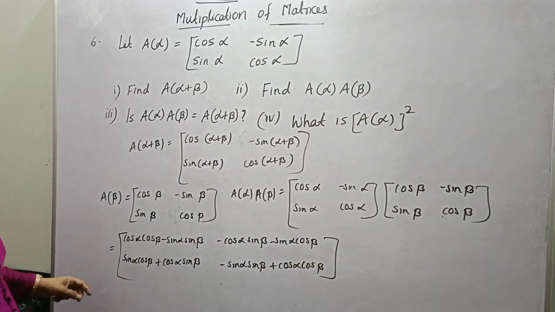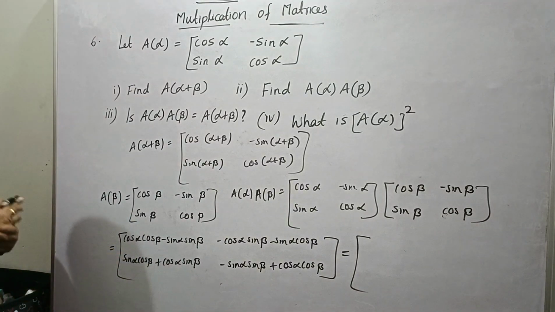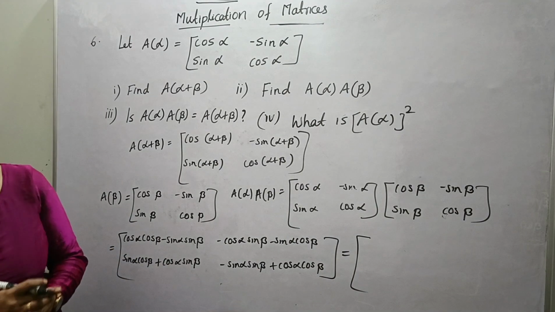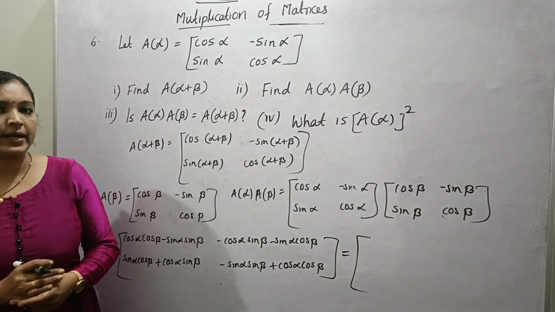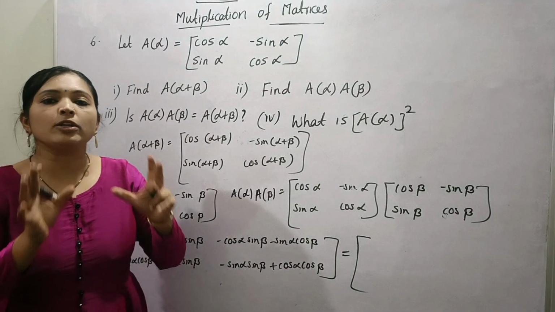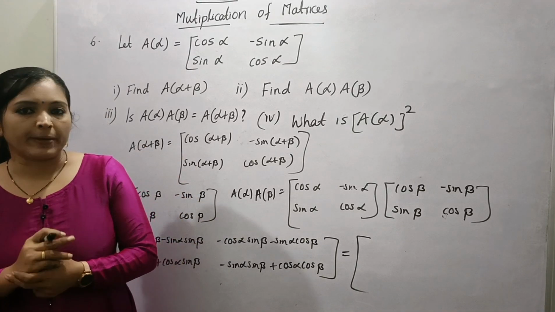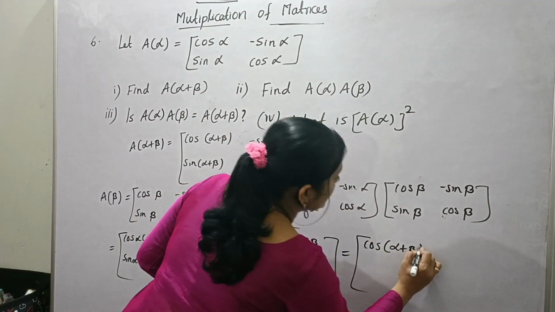Okay. So here, what is cos alpha cos beta minus sin alpha sin beta? We have already learnt this in trigonometric identities, right? So cos alpha cos beta minus sin alpha sin beta is nothing but cos of alpha plus beta.